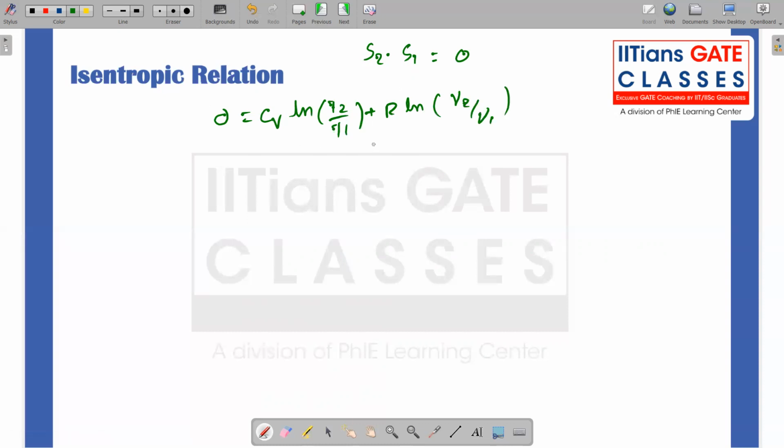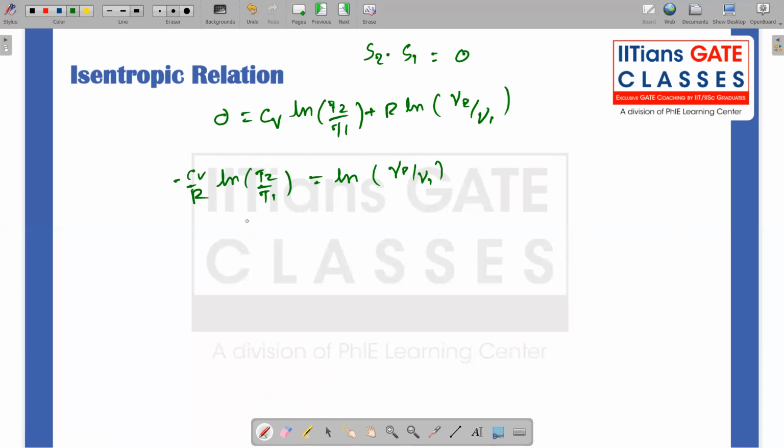If I rearrange this, it becomes ln of T2 by T1 times minus Cv by R is equal to ln of V2 by V1, right?